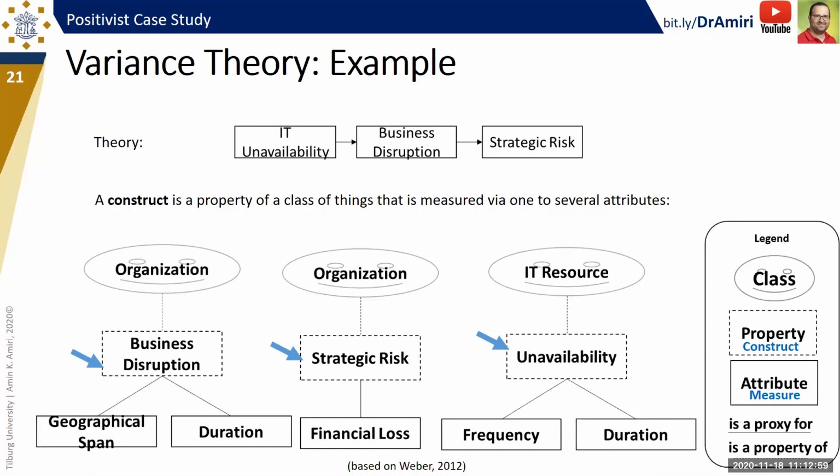What was the duration of those IT unavailability? 3 days, 1 hour. So whenever you try to create a construct, you need to be able to find an attribute for that construct. You need to be able to find a class of things for that construct so that you can say, oh, I have a construct.